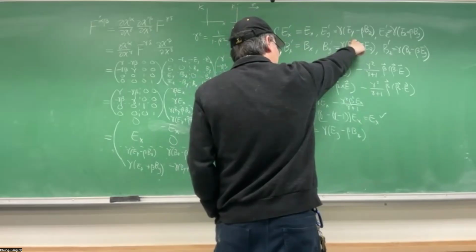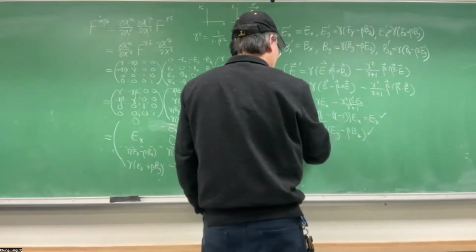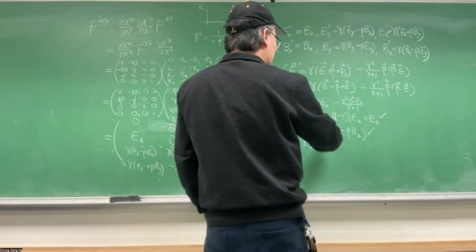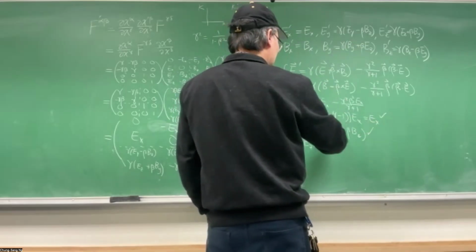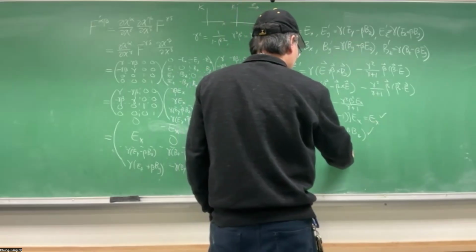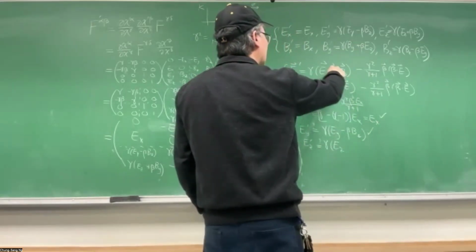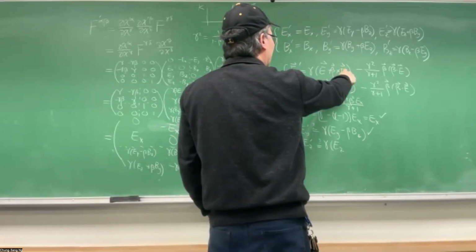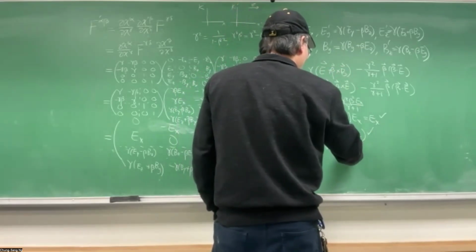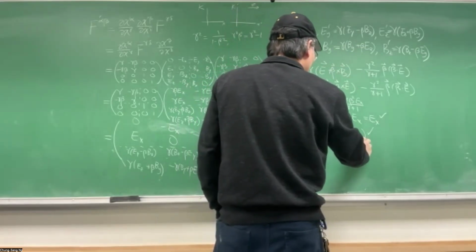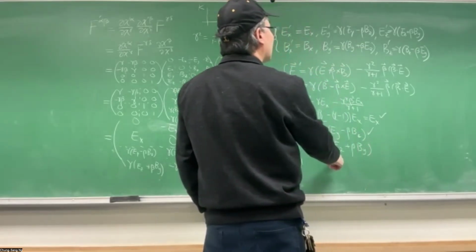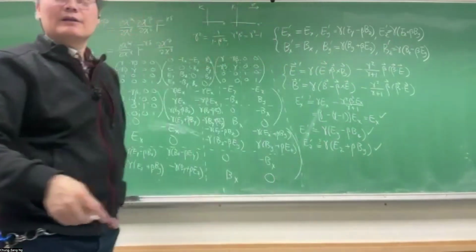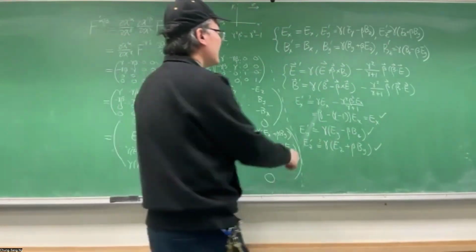And that's this one. Okay, so that's right. And likewise Ez prime is Ez. And again, x cross y gives you z, but that is a positive sign. And this is this one. Let's check. Okay, so not too bad.